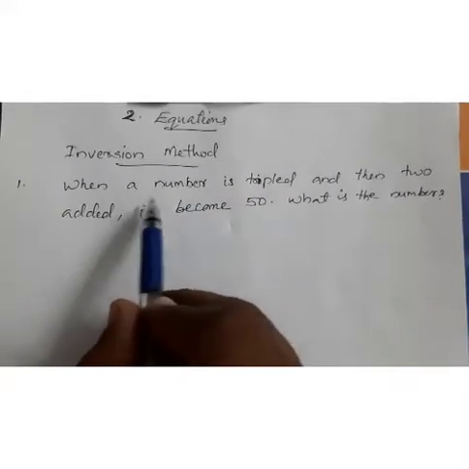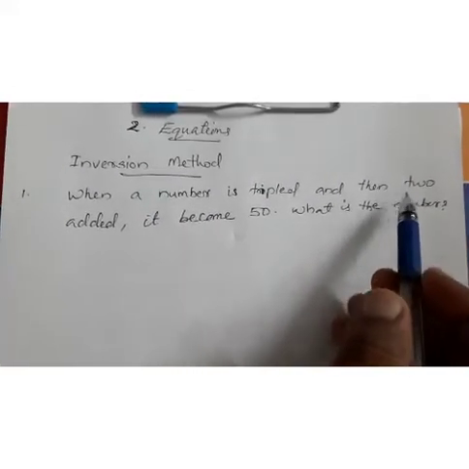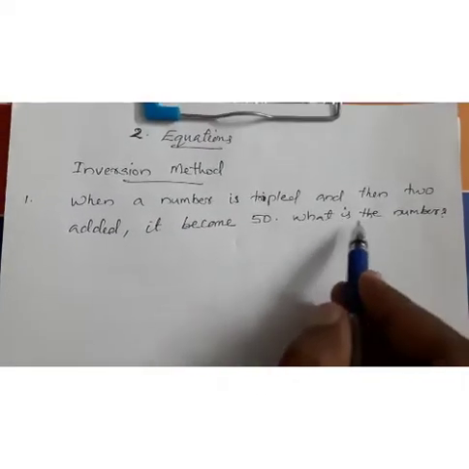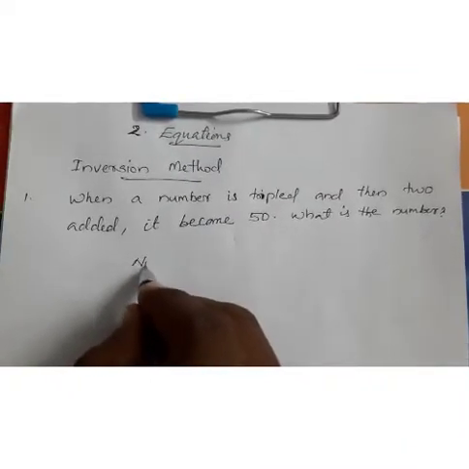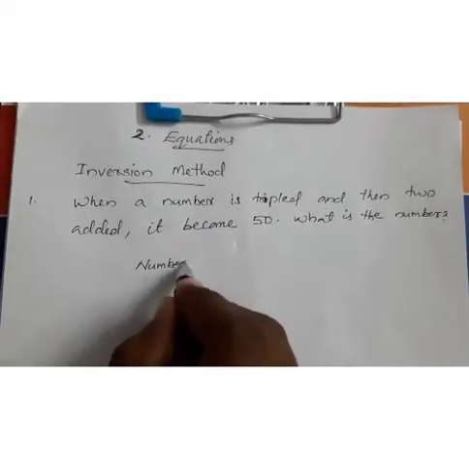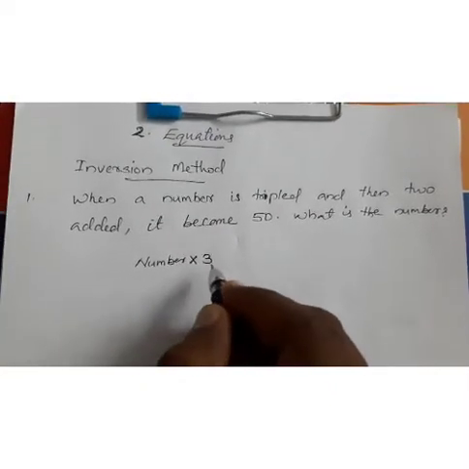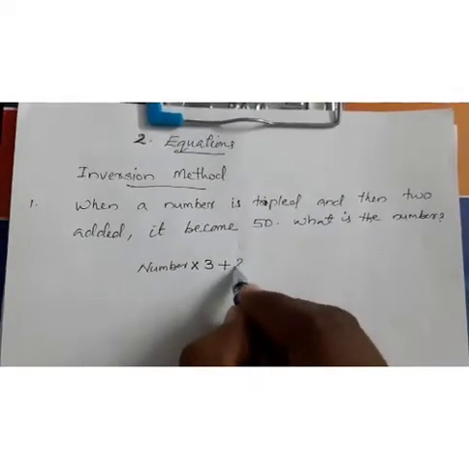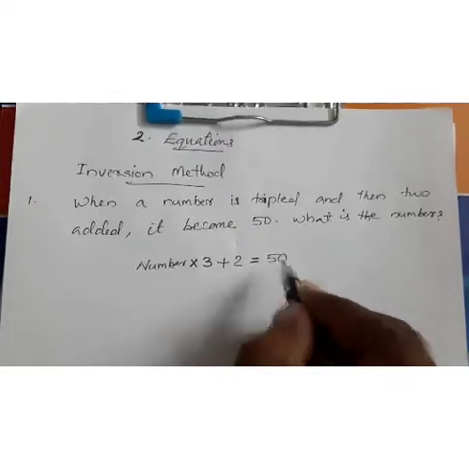When a number is tripled and then 2 is added, it becomes 50. What is the number? A particular number is tripled, meaning it is multiplied by 3. Then 2 is added, and it becomes 50.